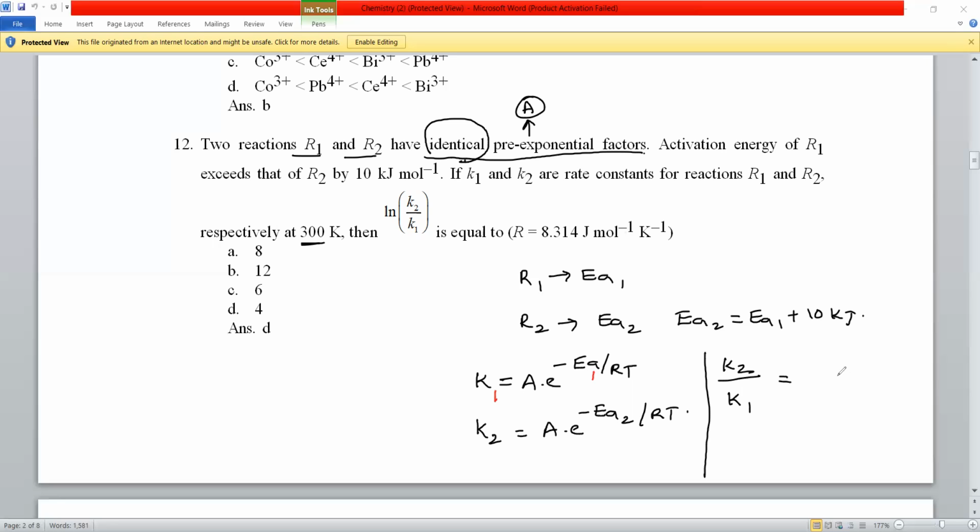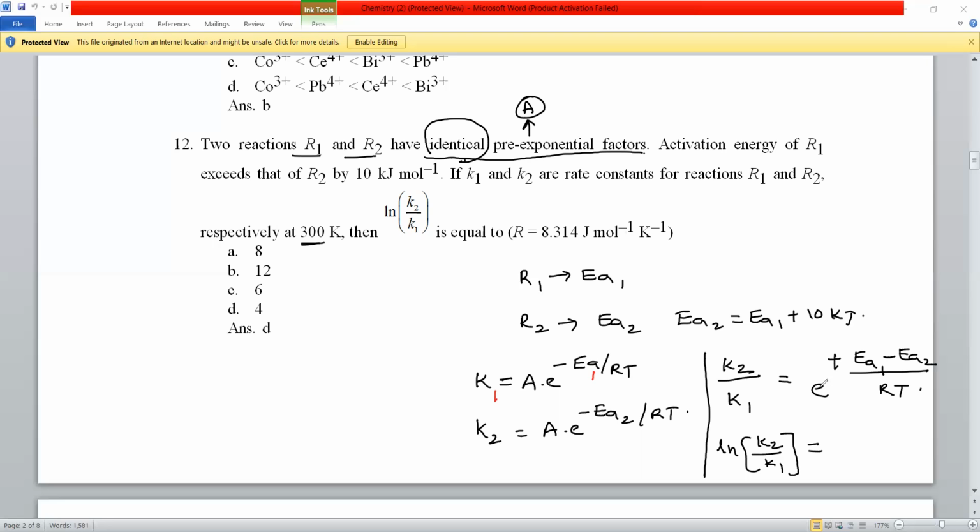K2 by K1 equals e power minus EA2 plus EA1, divided by RT. On simplification, I'm taking the logarithm on both sides. So ln of K2 by K1 equals (EA1 minus EA2) divided by RT.